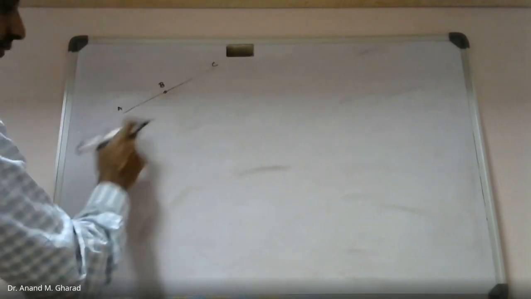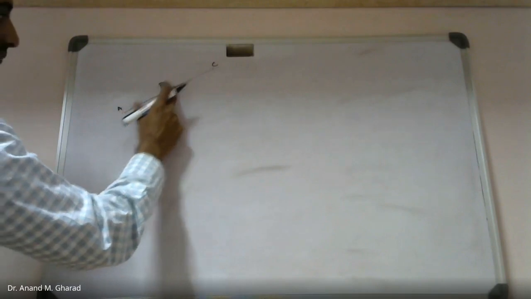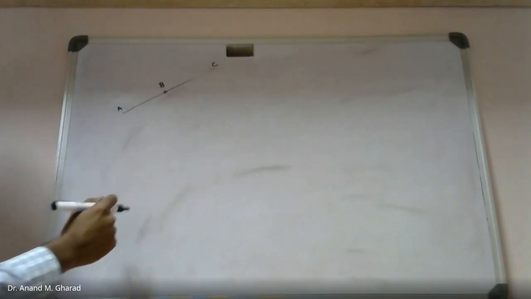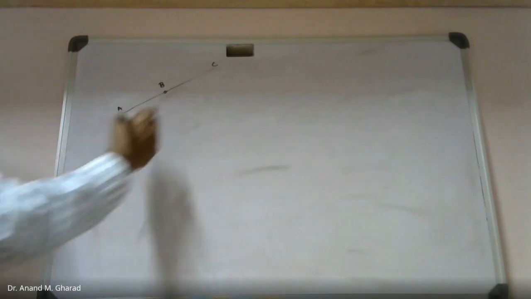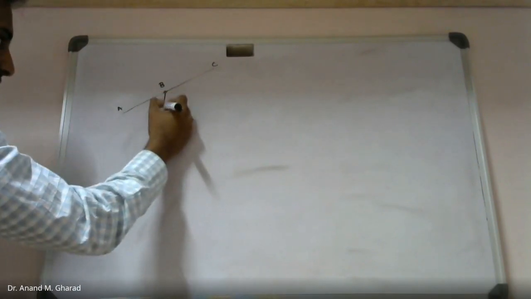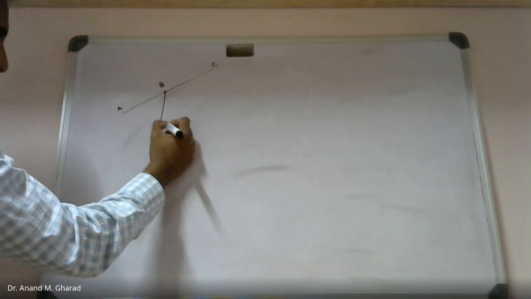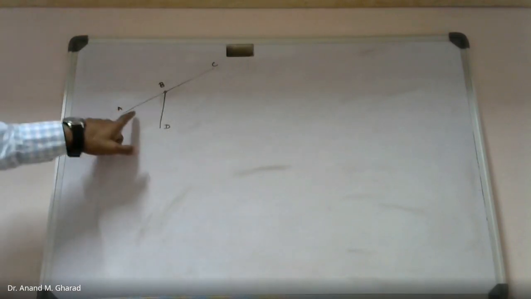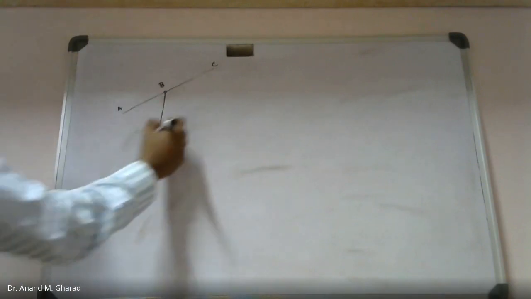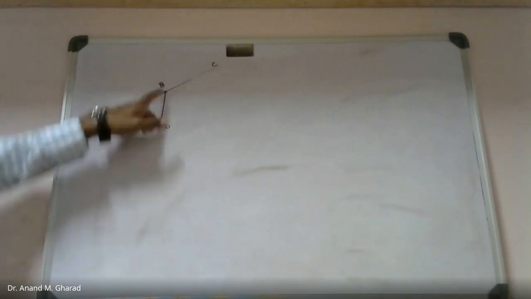From here it is very clear that members AB and BC, they are collinear, right? And in case there is a third member which is attached like this to the member AB and BC, let this be BD. Okay, such is the member.